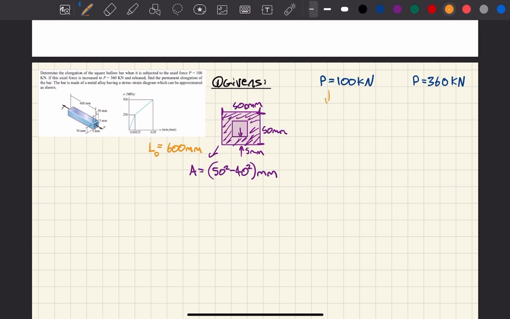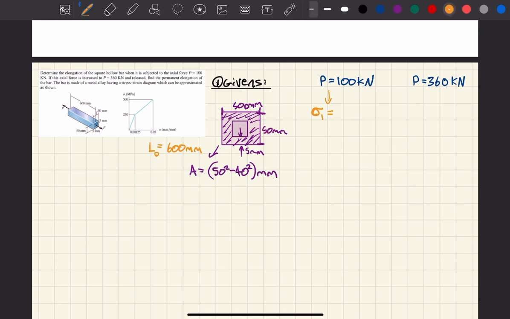Well, I can, because I know that sigma, in this case sigma 1, is equal to P over A, the force causing the stress over the cross-sectional area. And remember, we're going to have a normal stress here, not a shear stress, because they're perpendicular. The area is like this, coming out of the page, whereas a shear stress would be parallel to the area, right?